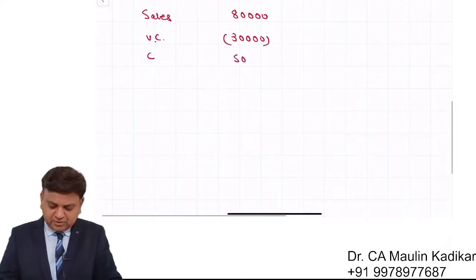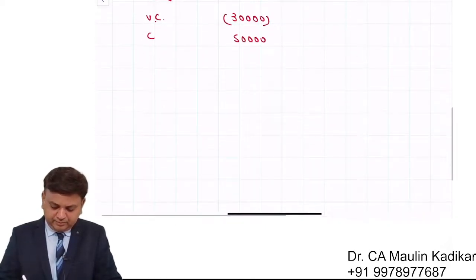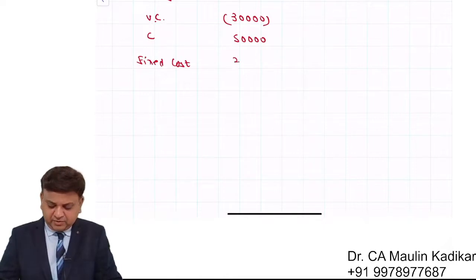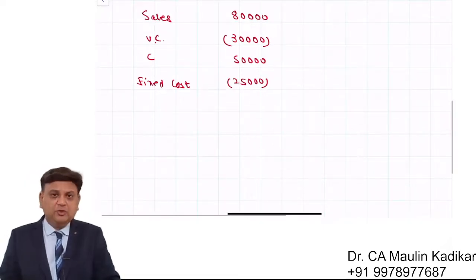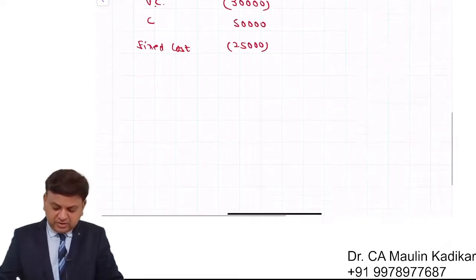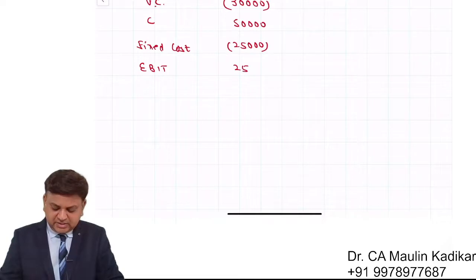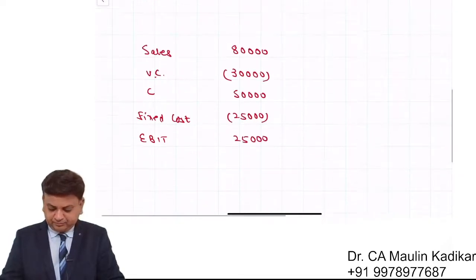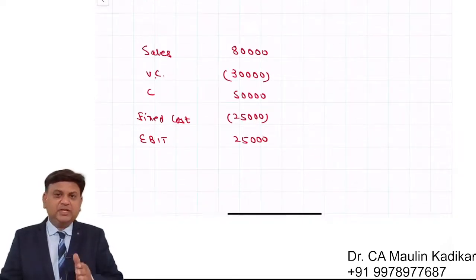Contribution was 50,000 and fixed cost was 25,000. Deducting fixed cost from contribution, operating income, earnings before interest and taxes, is again 25,000. So in the year which has just been completed, the operating income was 25,000.